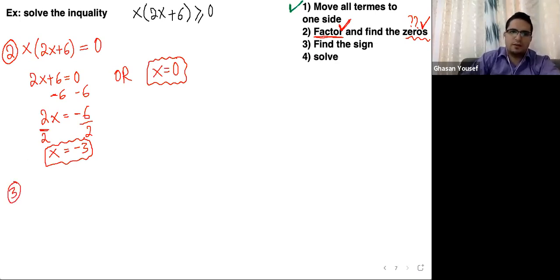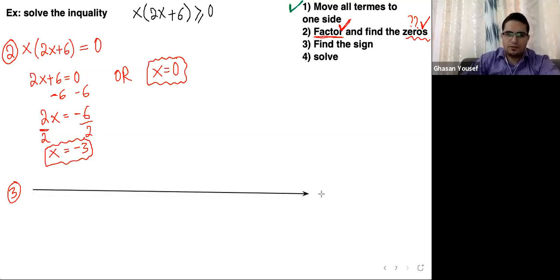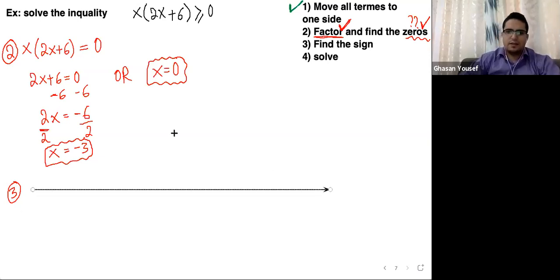To find the sign, we have to draw the real line like this. And on this real line, we put the zeros that we found in the previous step. The first zero is minus 3, and the second zero is 0. So here we have minus 3 and 0.